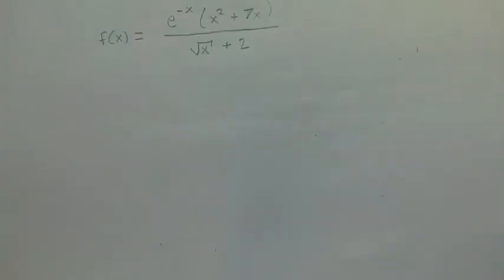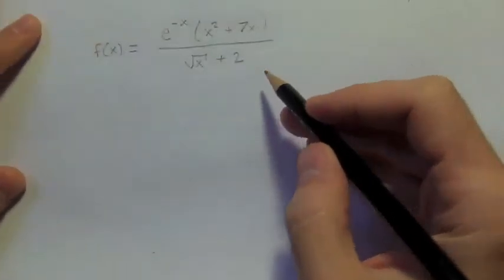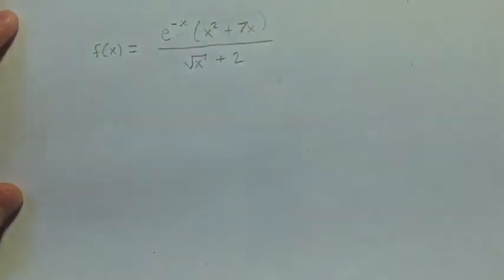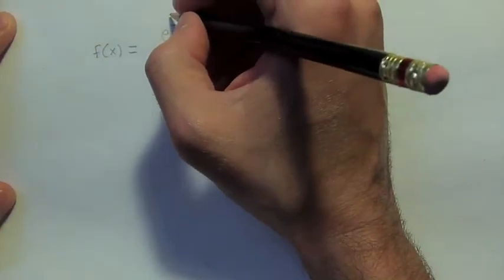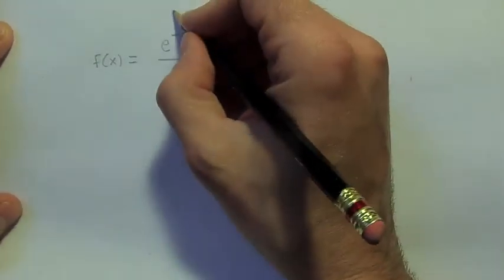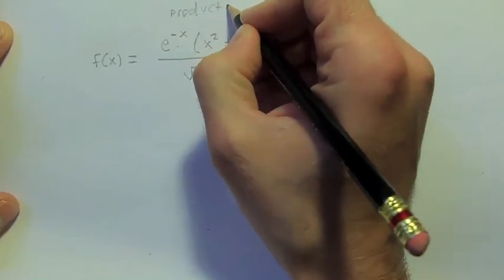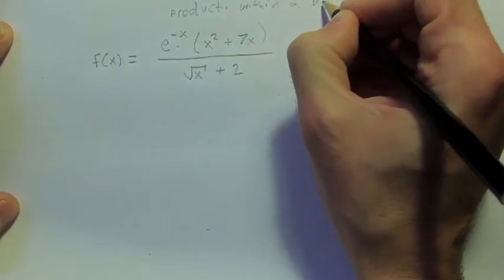Now, first of all, you see that we have two things multiplied together in the numerator, so this is actually going to be a product rule within a quotient rule.